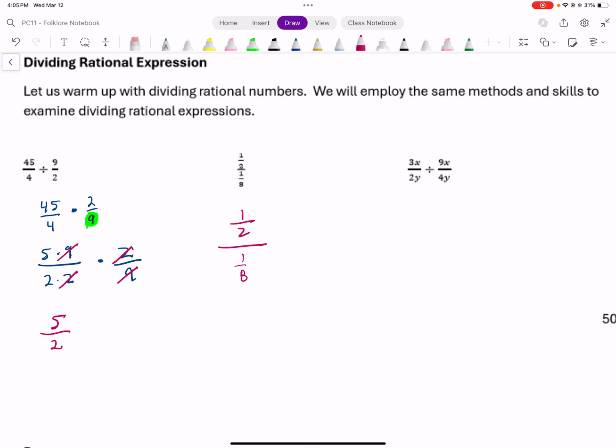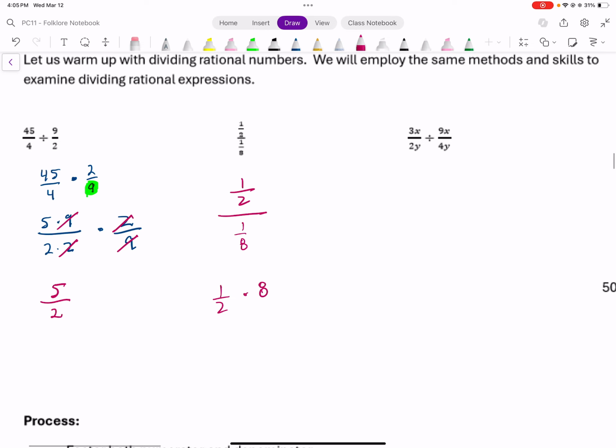So I'm going to take my divisor, and my divisor here is 1/8. I'm going to multiply by the reciprocal of that. So what we would do very simply is take 1/2. And what's the reciprocal of 1/8? It's 8. And fair enough, right? So I have 1/2 times 8.